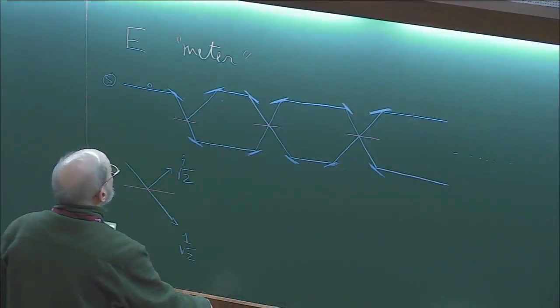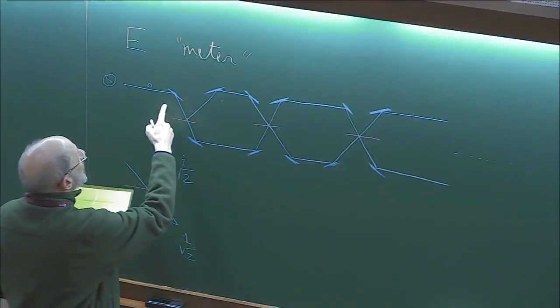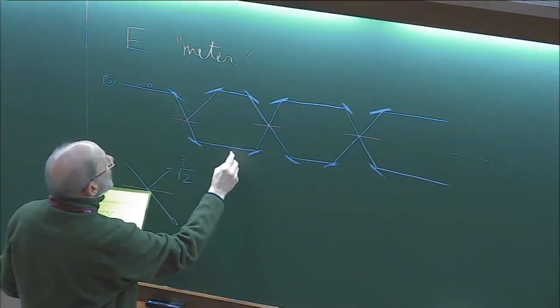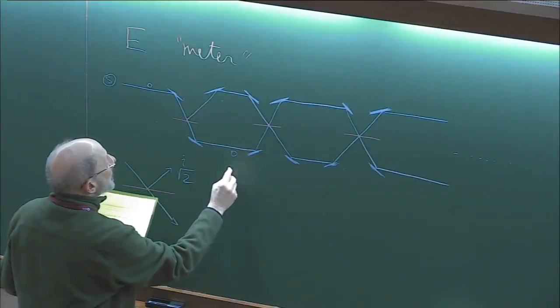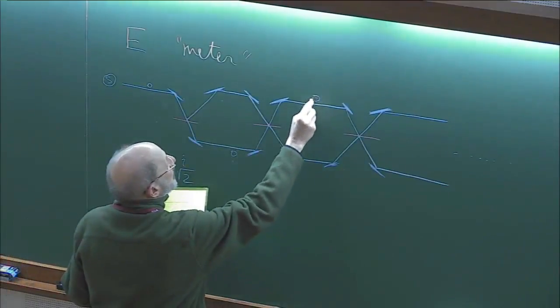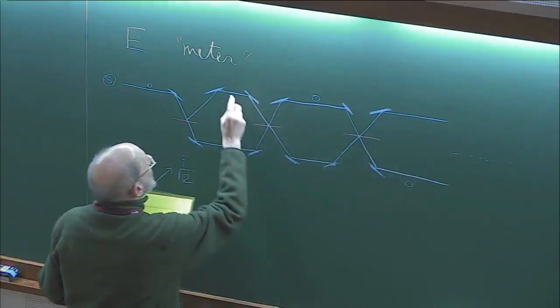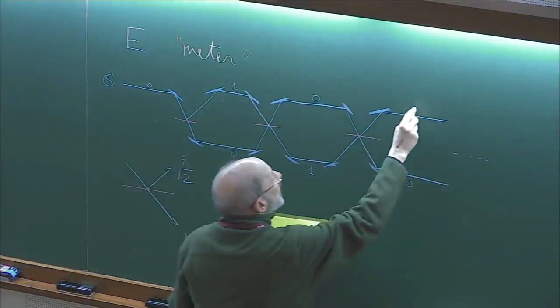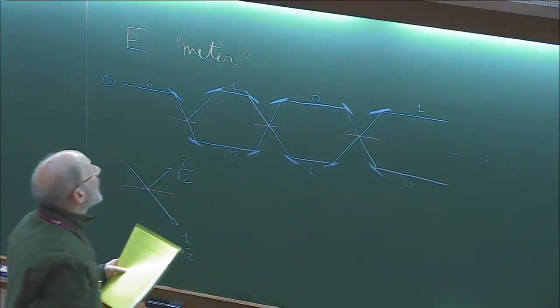And so because of the way this is set up, it's convenient to label them. This is beam 0, the upper beam, but then here the lower beam I'll call 0, and here the upper beam. Just a convenient convention, and this will be beam 1 and beam 1 here.